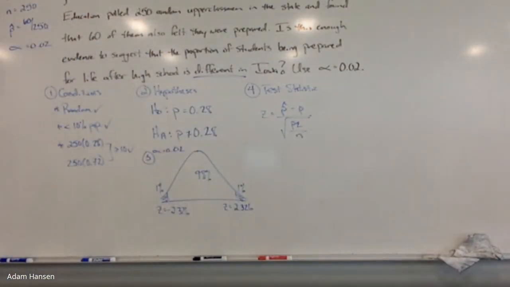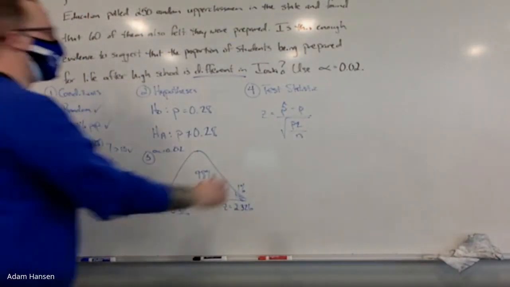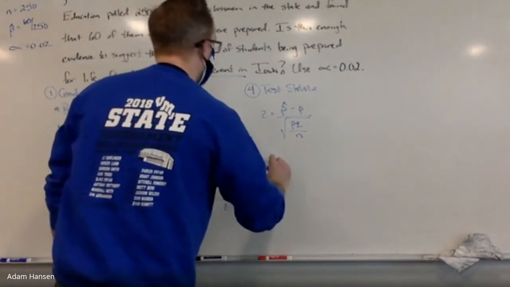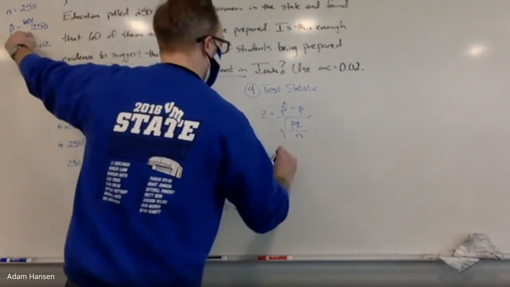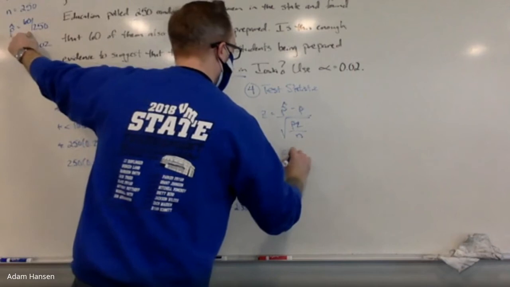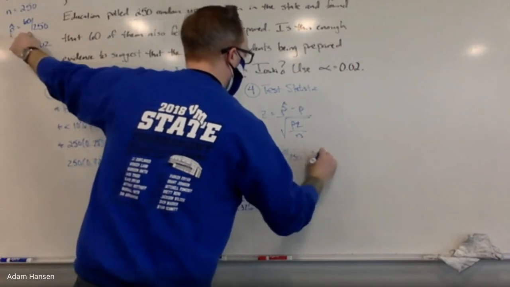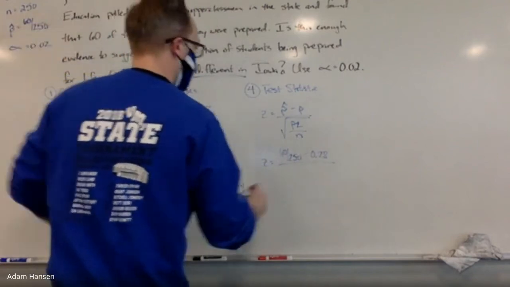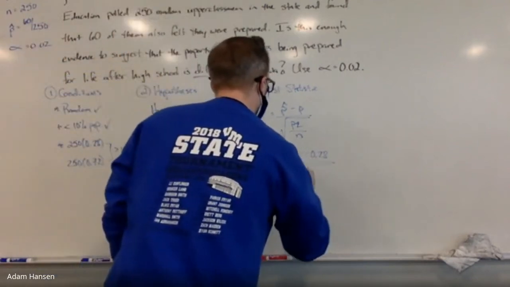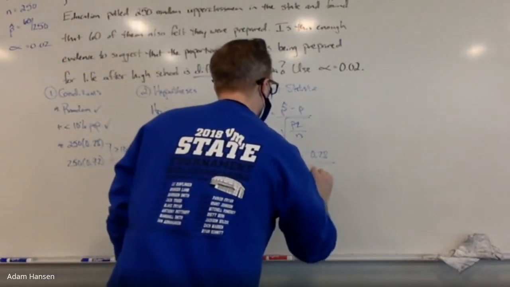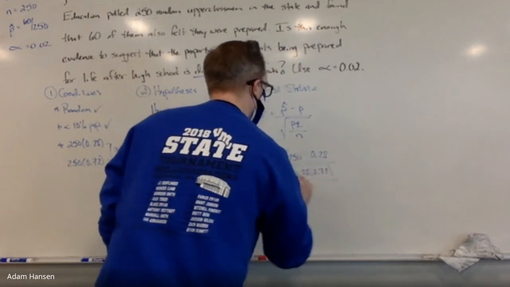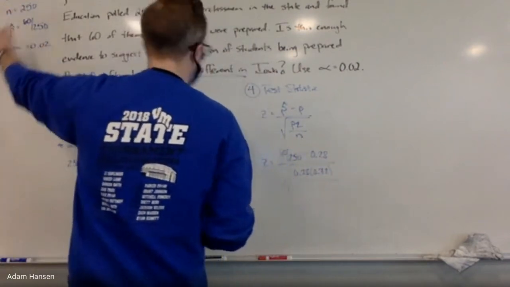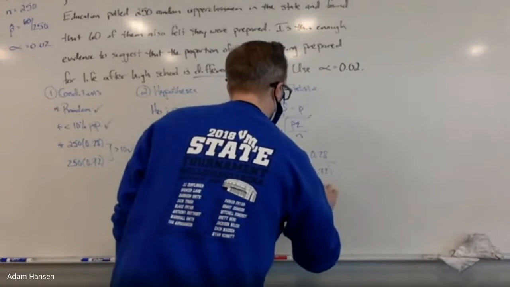We've already got all that information up here, so let's find that out. p hat minus p is 60 over 250 minus 28%, divided by the square root of 28% times, excuse me, 72% divided by 250.